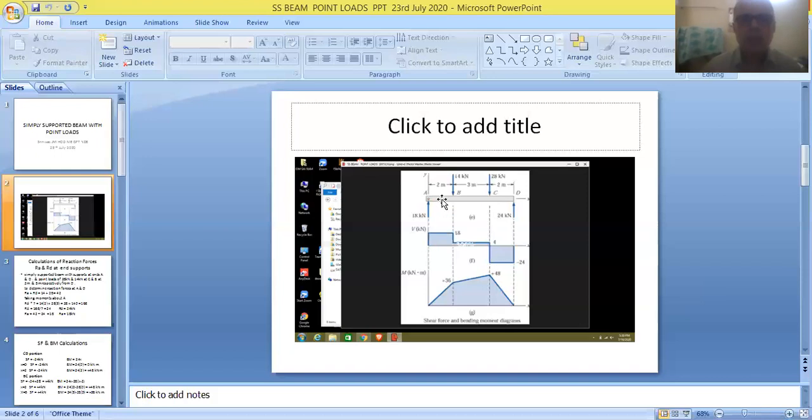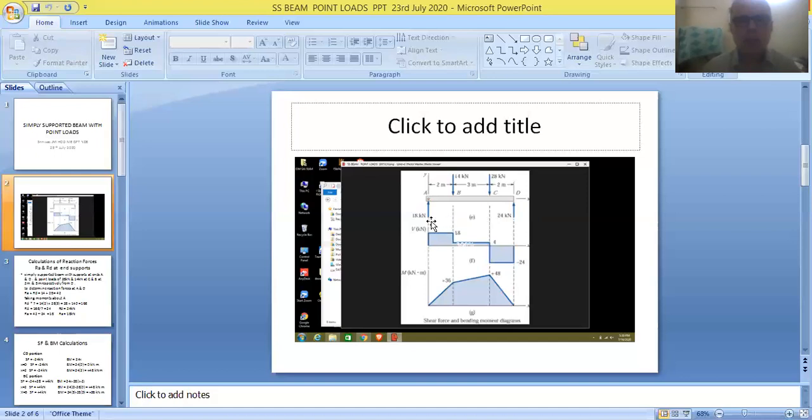This horizontal member is used for representing the simply supported beam, and this is the left end of the beam denoted by point A, and this is the right end of the beam denoted by point D. So two supports are provided at both the ends of the beam.